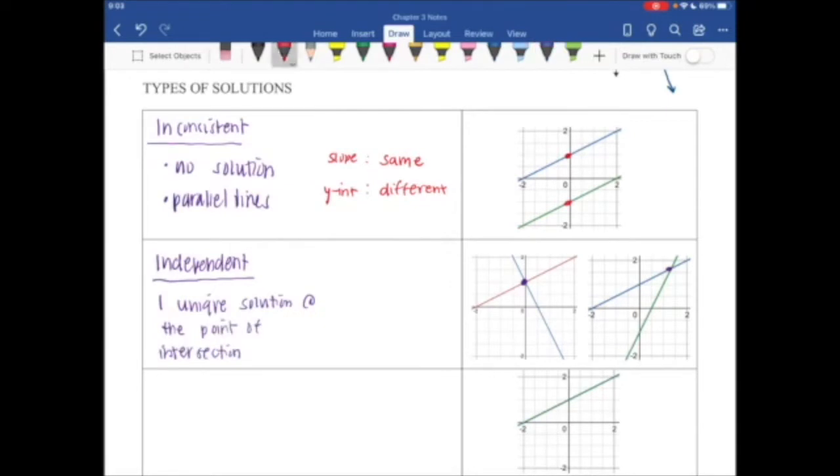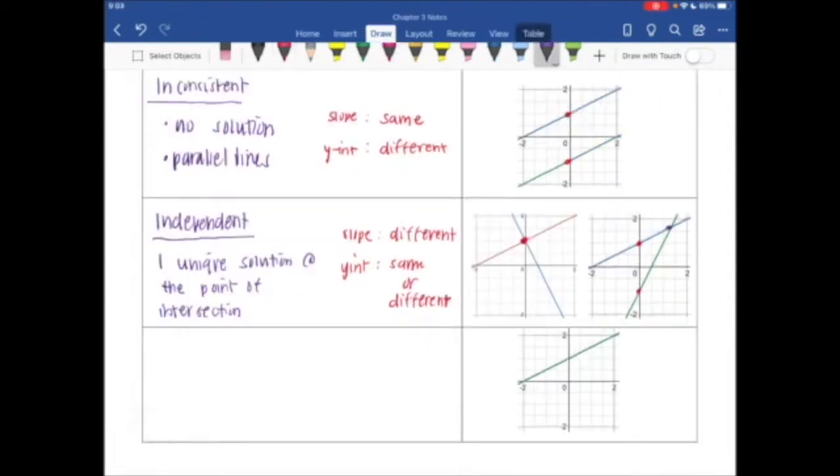When we look at the slope and the y-intercept of these lines, we'll notice that the slope is always different, because only parallel lines have the same slope. But the y-intercept could be the same or different: on the first graph, they have the same y-intercept, and on the second graph, they cross at two different places.